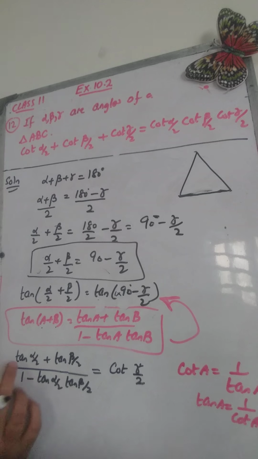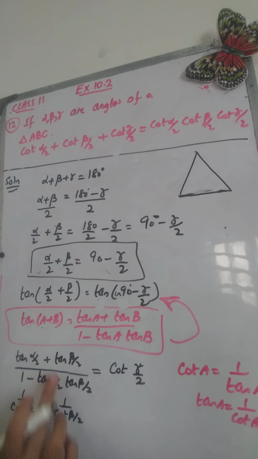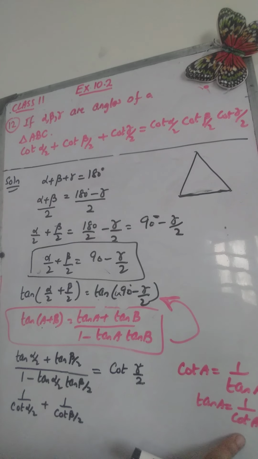Therefore I have written tangent alpha by 2 as 1 over cotangent alpha by 2.